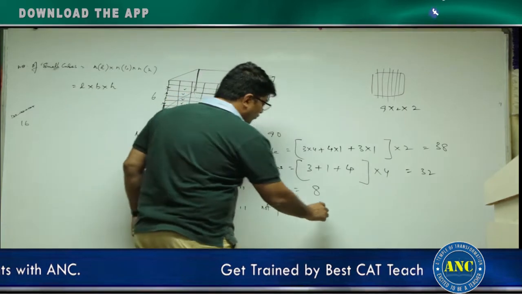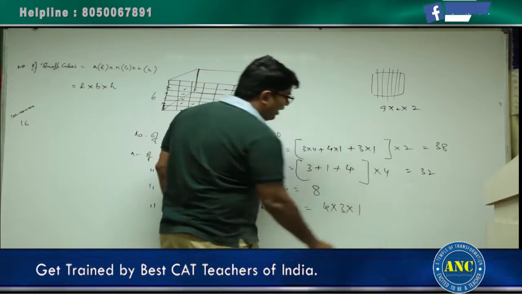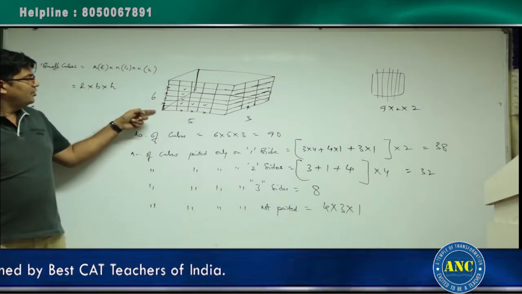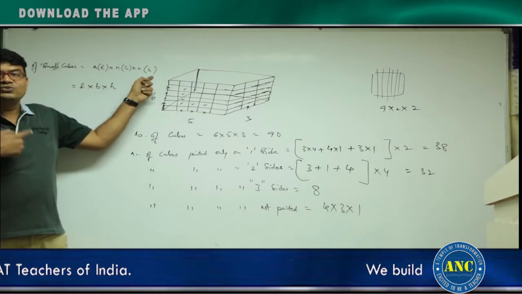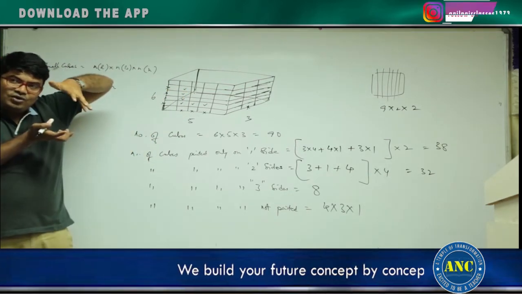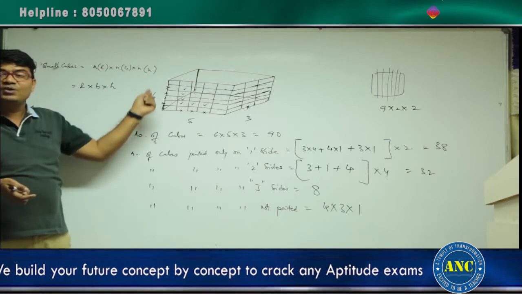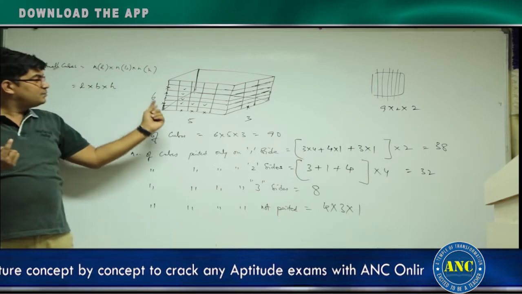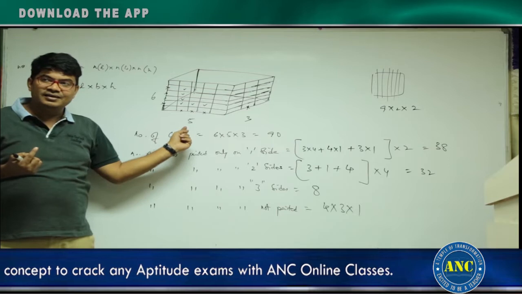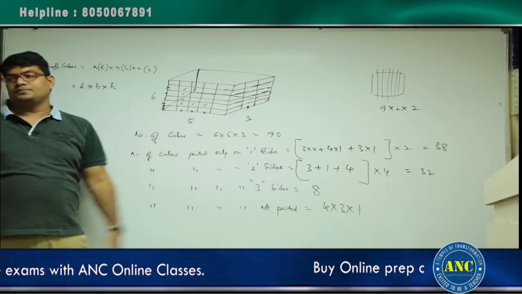It has to be 4 into 3 into 1. Why 4 into 3 into 1? Here your height is 6. The ones which will not have color will be inside. Therefore, they should be covered by the outer cubes. So inside a cube, no color at all. Its height will be 4. Its breadth will be 3. Sorry, its length will be 3 and its breadth will be 1.